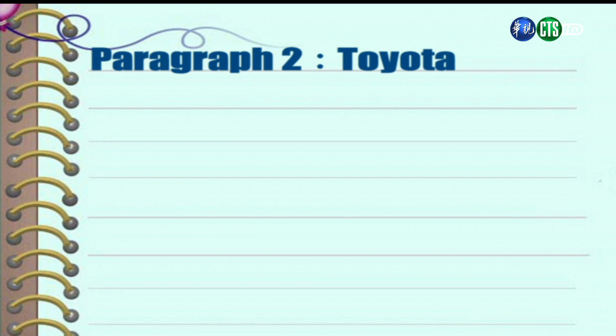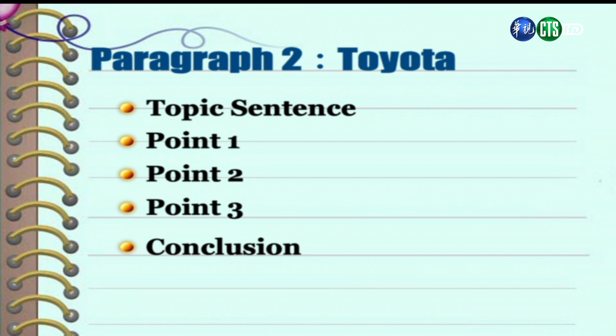And as an example, let's assume that we're still writing about Toyotas and Nissans. And so in our second paragraph, we'll only write about Toyotas. And so after we write our topic sentence, our first point will be about the quality of Toyota.